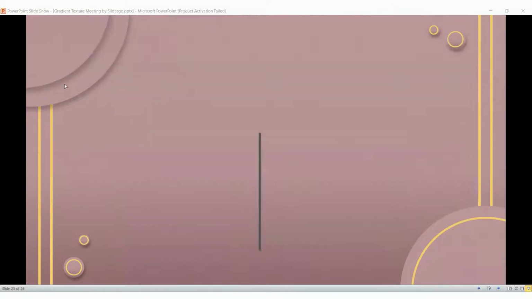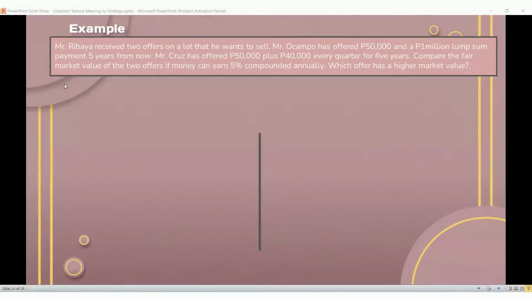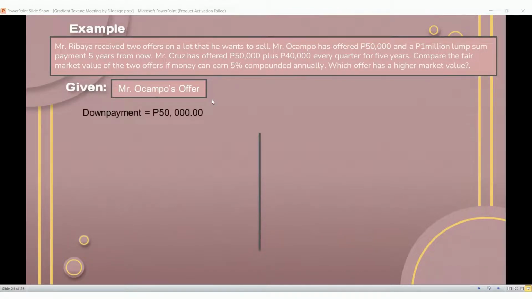So, let's solve Mr. Ocampo's offer first. He made a down payment of 50,000, and his future value after 5 years is 1 million pesos.